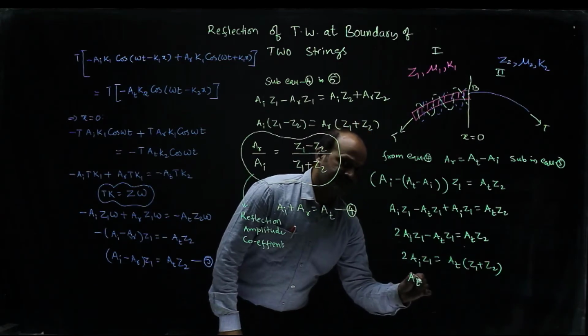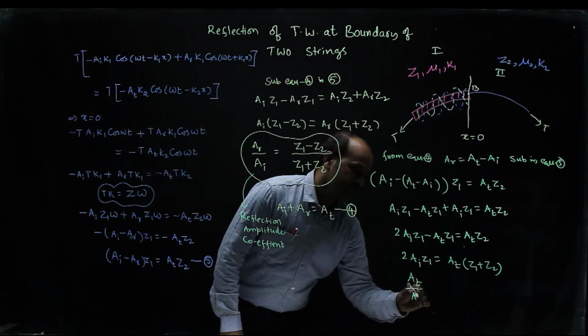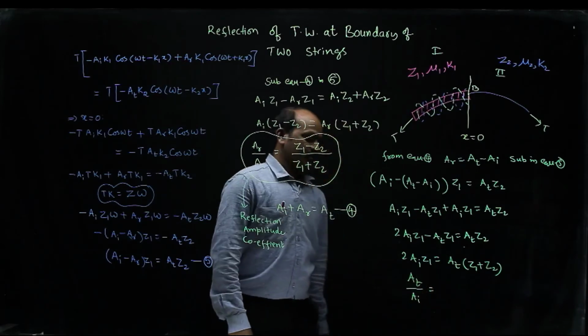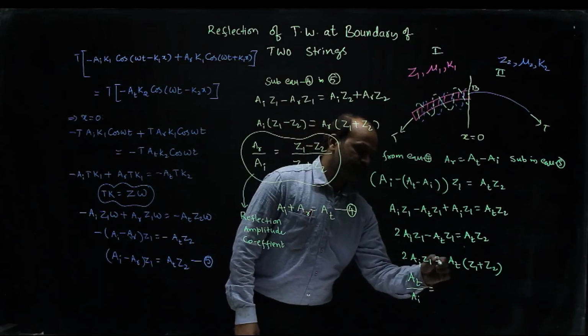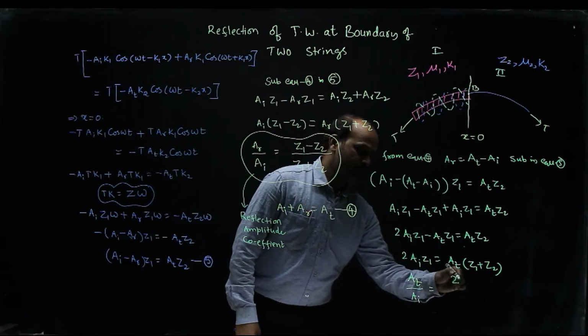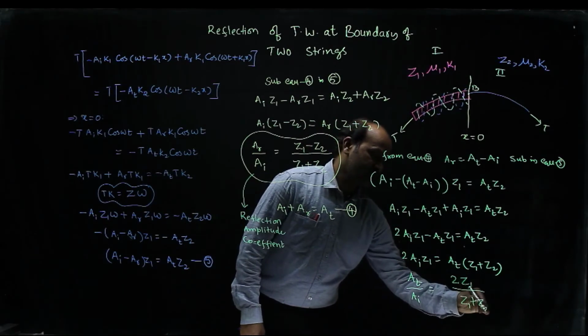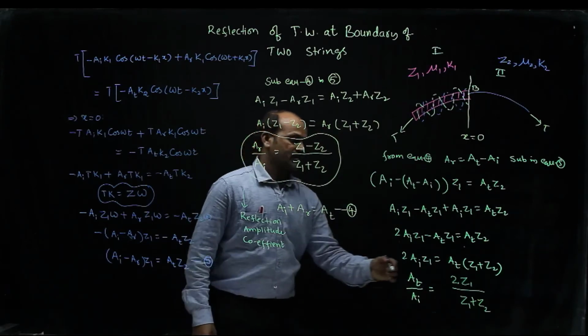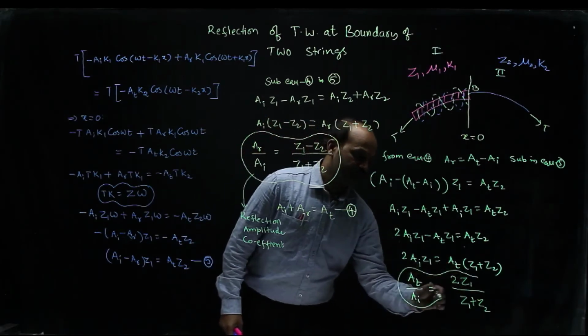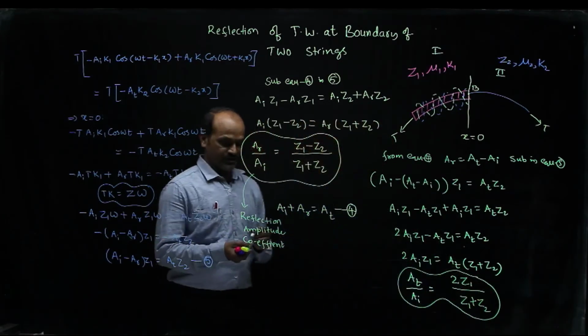So At by Ai is 2 Z1 by (Z1 plus Z2), and this is another important equation in deciding the material.